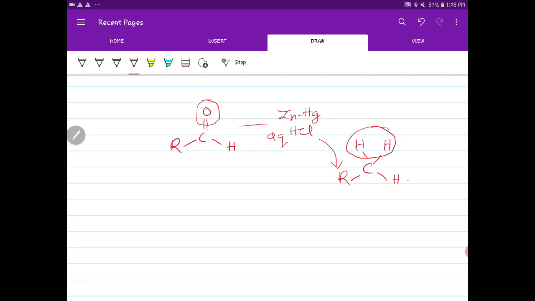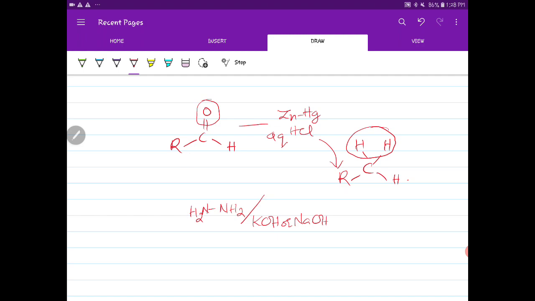And another method is, you can go for treating with hydrazine hydrate, that is NH2NH2, and in presence of a base, generally potassium hydroxide or sodium hydroxide.